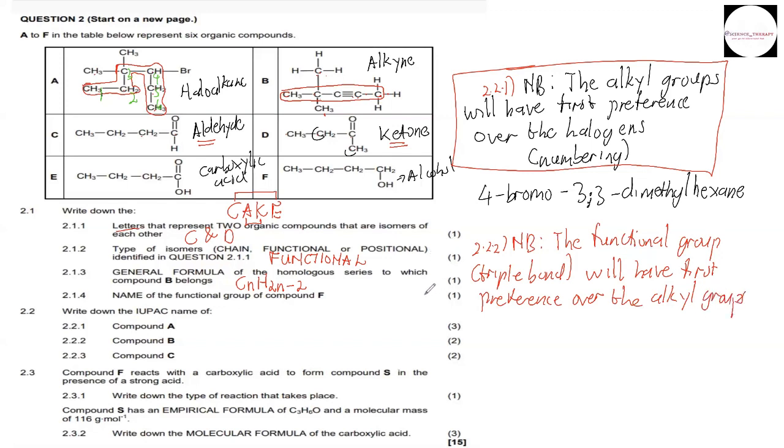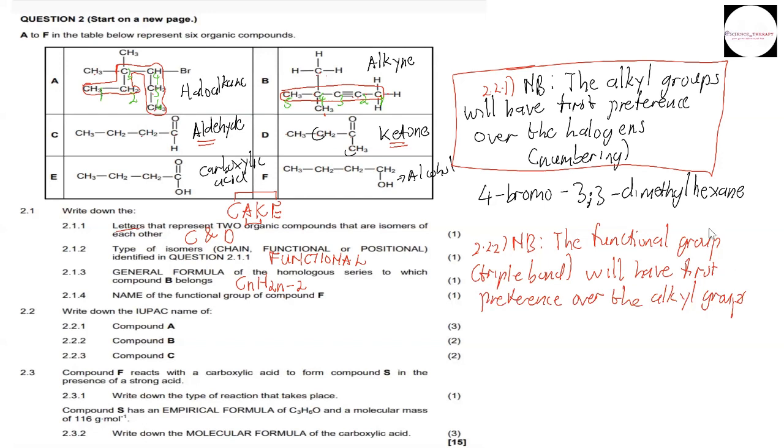Okay, so that's all you need to note there. The alkyl groups can win over the halogens, but they cannot win over the bonds, right? So that means I will start numbering from the side where I see the triple bond. So that's 1, 2, 3, 4, and then 5, right?